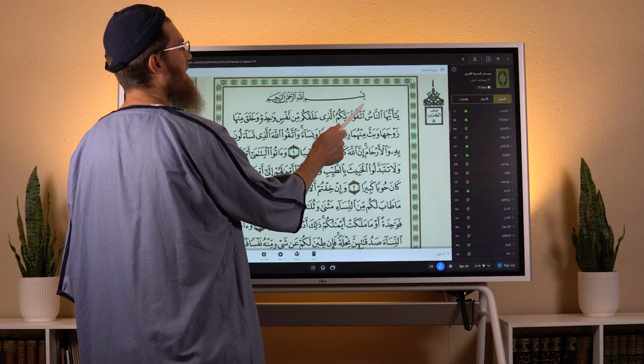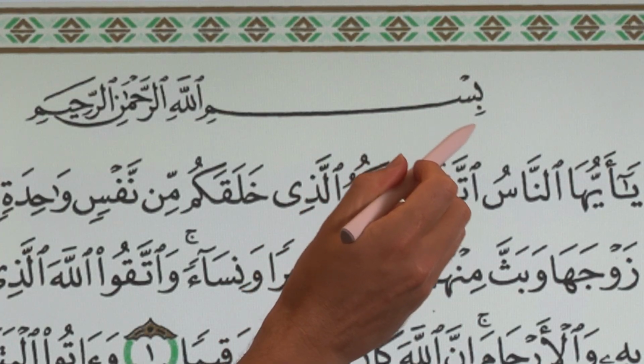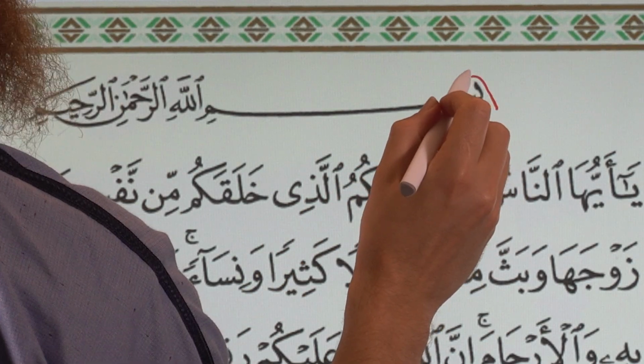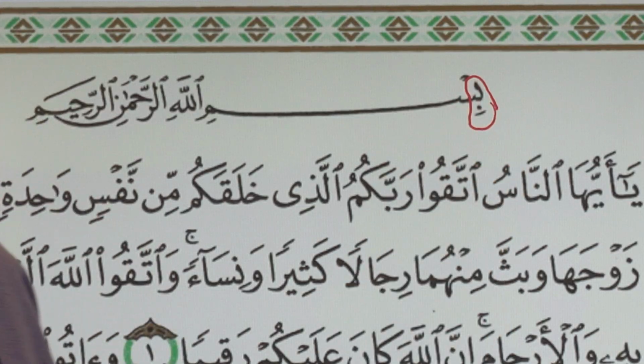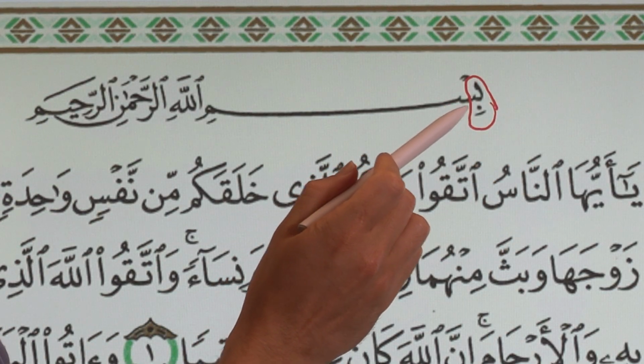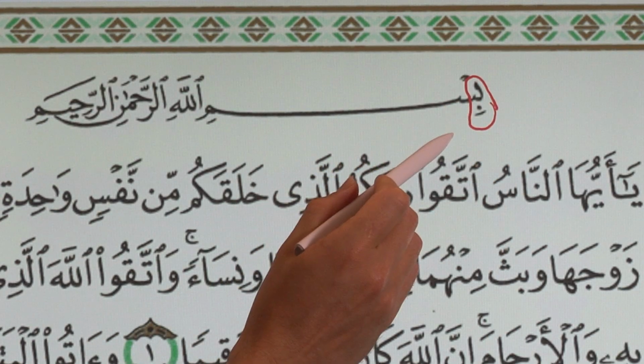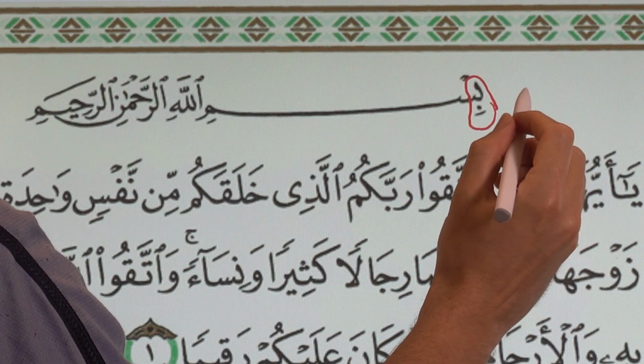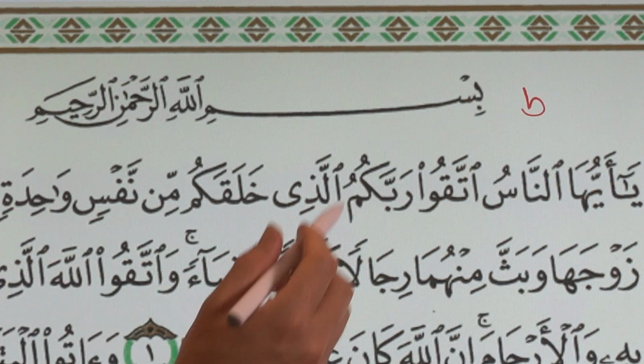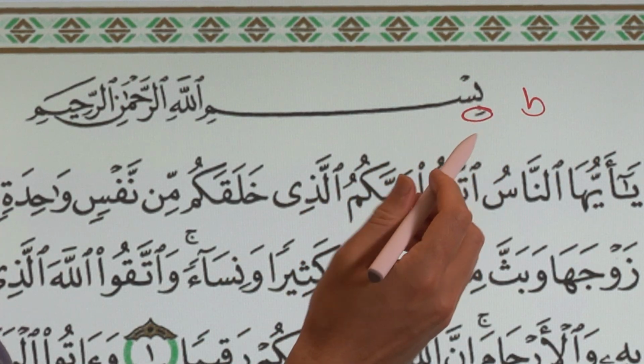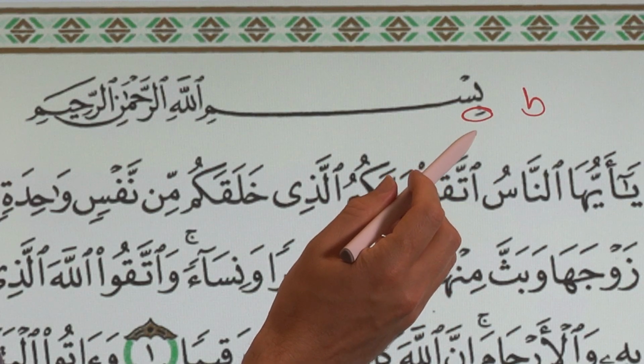Let's take a look here at the very top, the first letter that we can identify on the page. As we can see, this is a letter beginning a connection, and it has 1 dot underneath. So we can identify this as the letter ba, which is similar to the English B. Next, let's identify this vowel symbol underneath the ba.